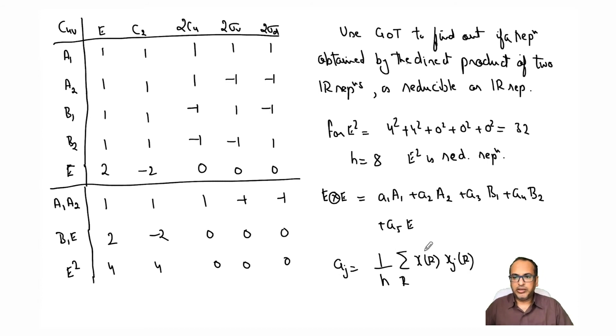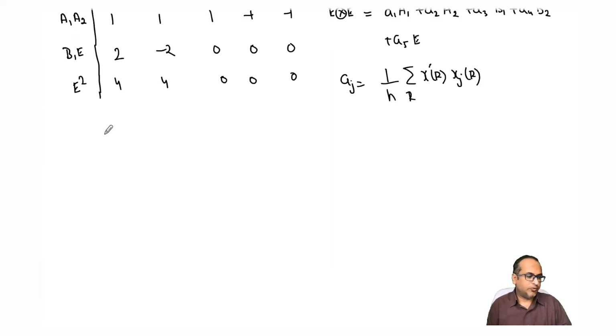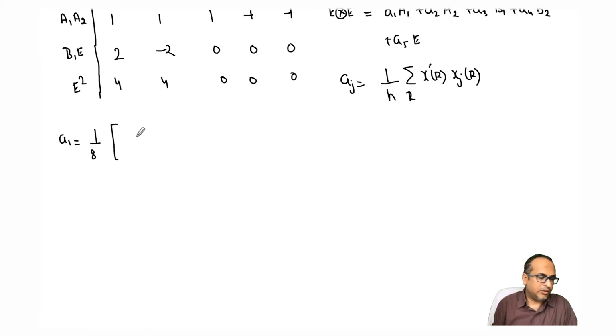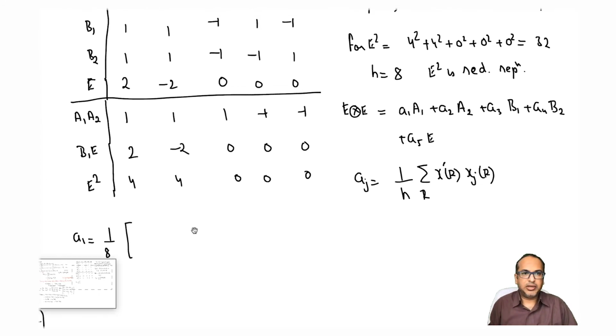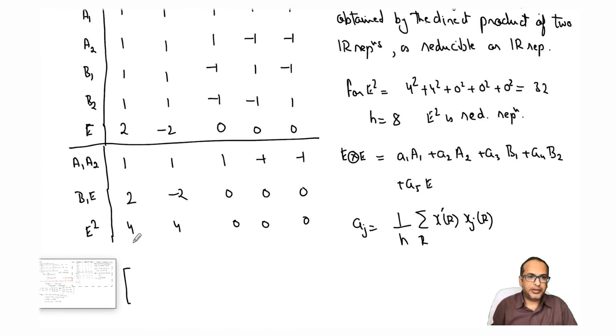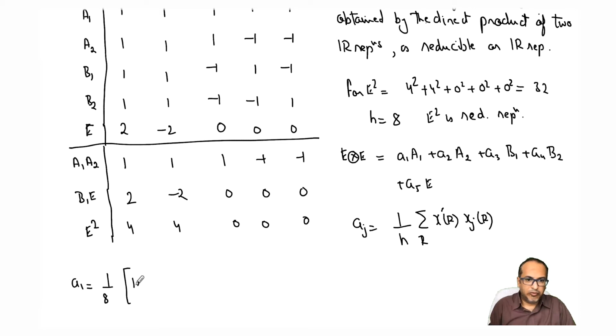Here this is the character under the reducible representation, this is the character under the irreducible representation, and we can actually find out all the A's corresponding to this. So let us work it out. For A1, let's say 1 over 8, and we will have 1 into 4 plus 1 into 4.